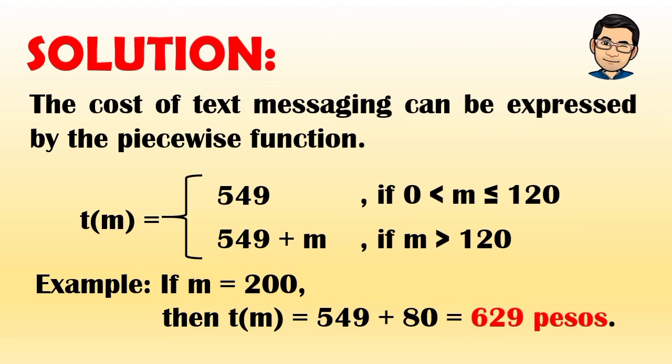Kasi 120 yung pinaka-maximum limit niya na 549 lang babayaran. Since nag-exceed siya, naging 200. So, yung 120, isa-subtract natin sa 200 para mabilang kung magkano yung messages na nag-excess siya. That is, 200 minus 120 equals 80.